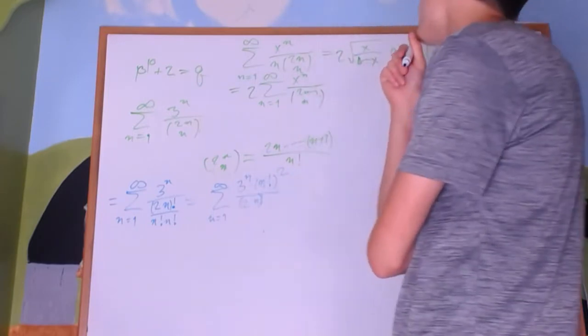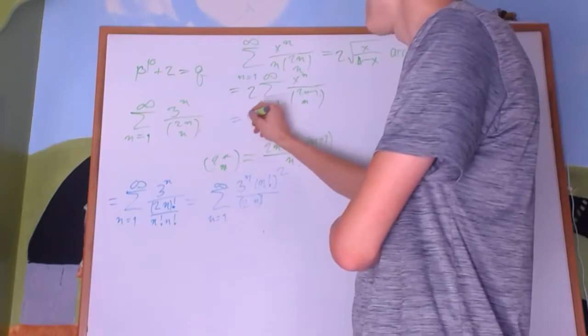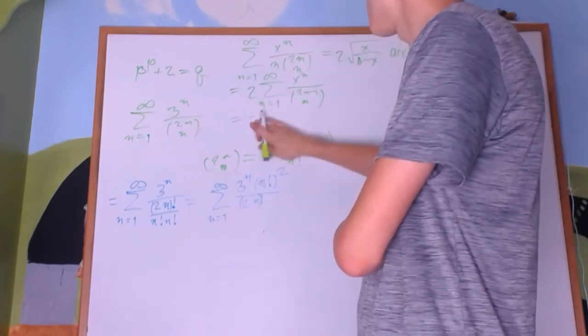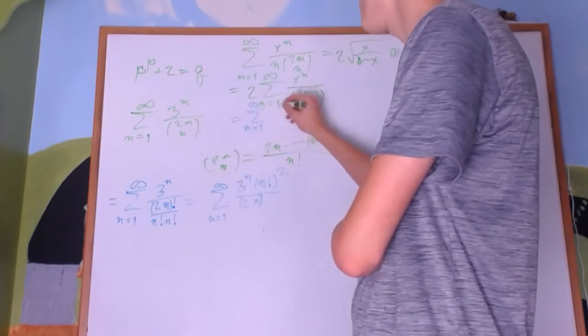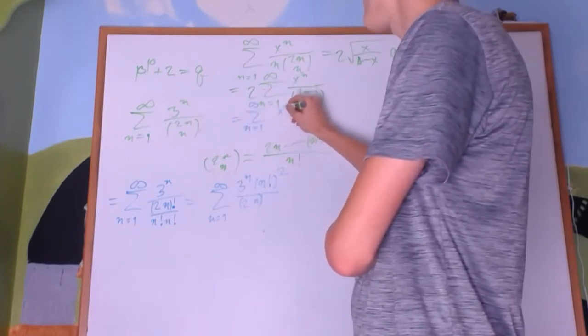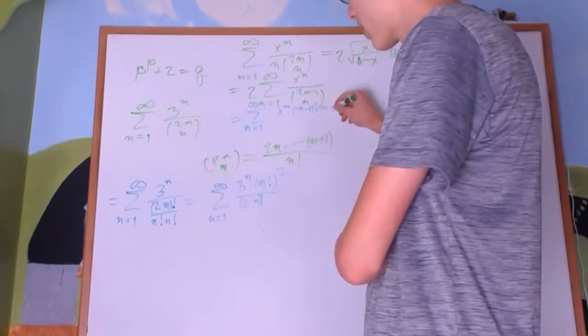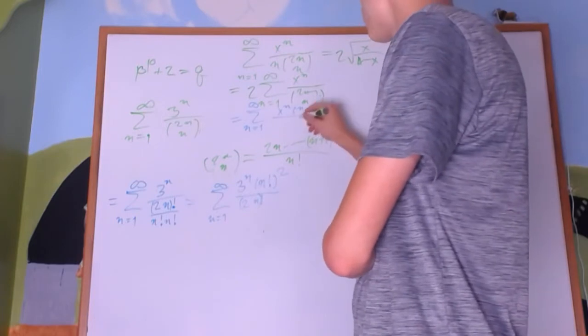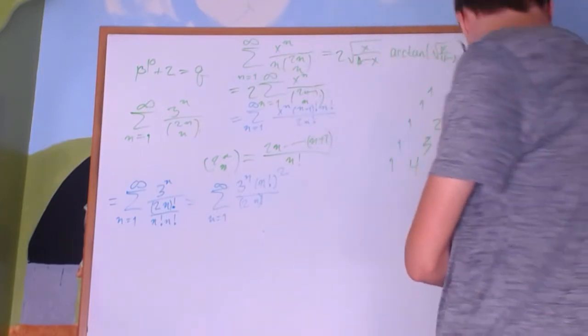Yeah, alright. So then right here, this is the sum from n equals 1 to infinity, x to the n minus 1 factorial times n factorial over 2n factorial. I have no clue how this is obvious.